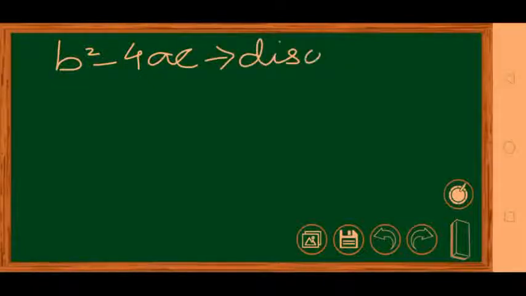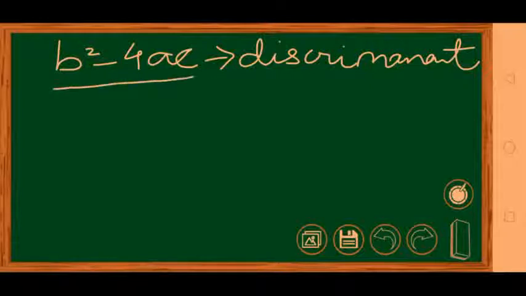So what we saw is that b square minus 4ac is known as the discriminant. Now what is the use of this discriminant? You can calculate this value: put the value of b, put the value of a, put the value of c, and you will get one value.